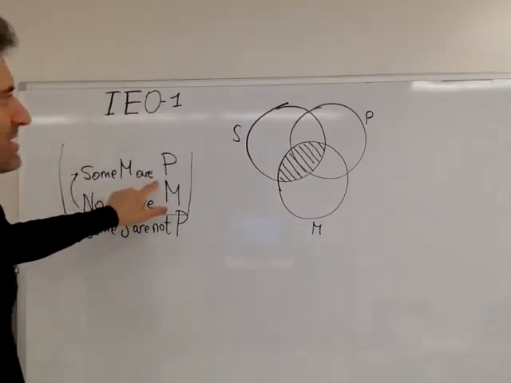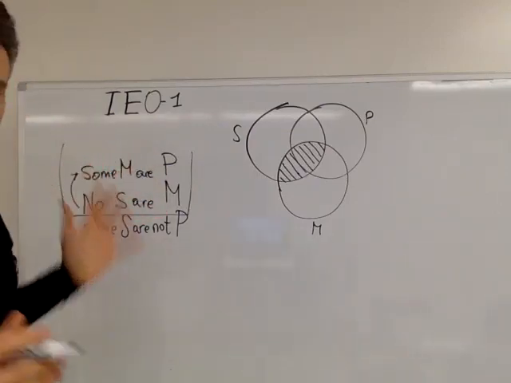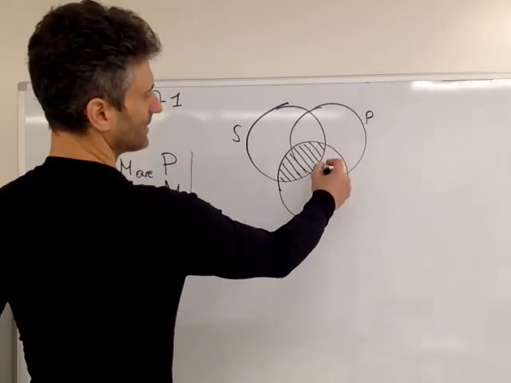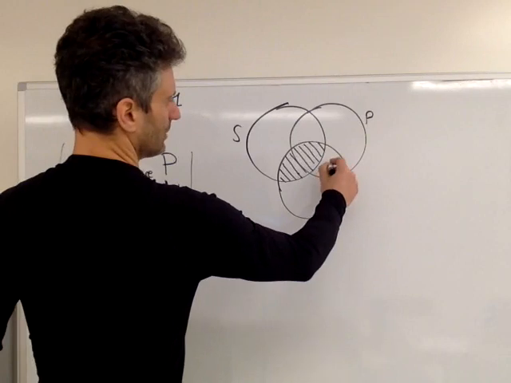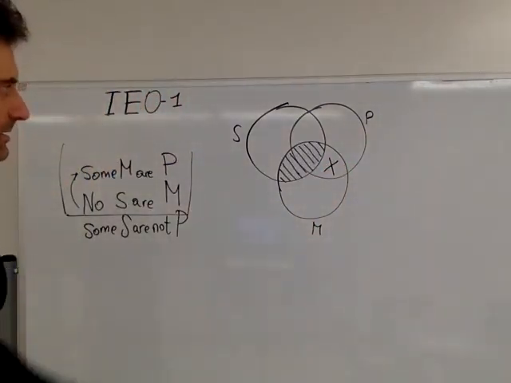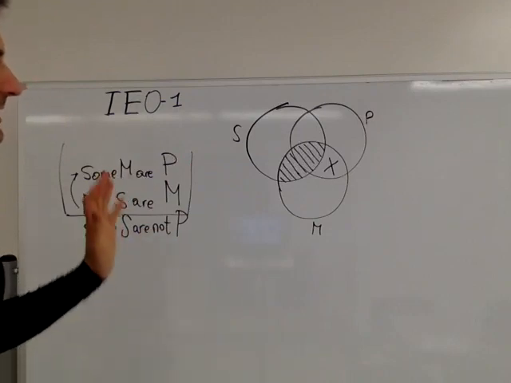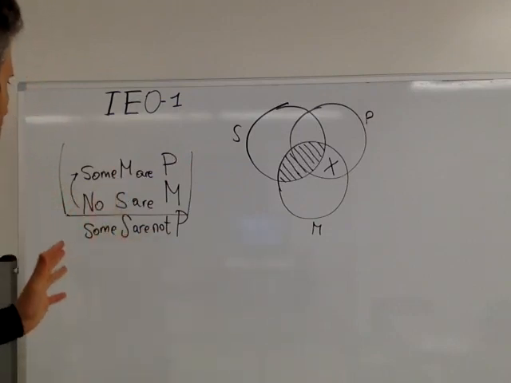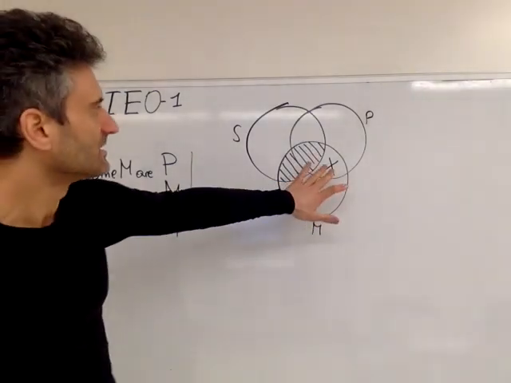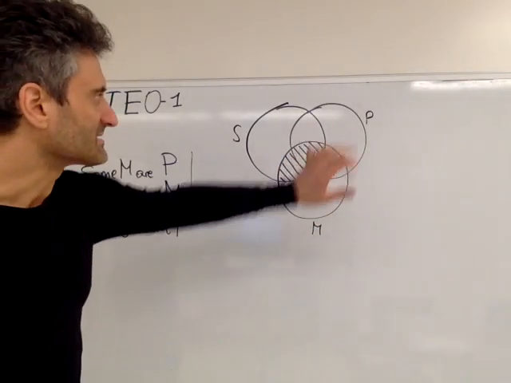Some M are P. Okay, now once again, like in the previous example, I have the only one space, so I can precisely make the statement, diagram the statement some M are P because we have the X inside there.